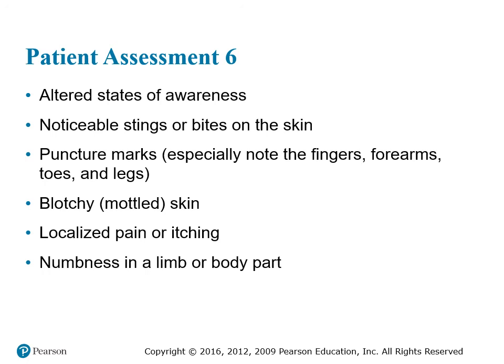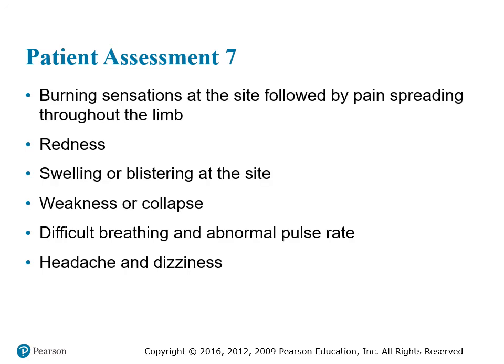Depending on the venom, you may have numbness or tingling in a limb or body part as well. If it's bad, depending on the type of venom, you can have a burning sensation, followed by increasing pain levels, spreading throughout the limb, usually going back towards the body. There'll be redness, there can be swelling and blistering.